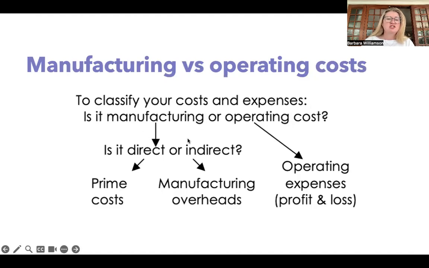Manufacturing costs, you need to split up into your direct prime costs, or is it indirect and then it's manufacturing overheads? Obviously, the prime cost is also broken up into your direct labor and direct materials. If it's not part of the factory and it goes into your operating costs, you would just show it as part of your operating expenses, which would be written off to profit and loss as usual.